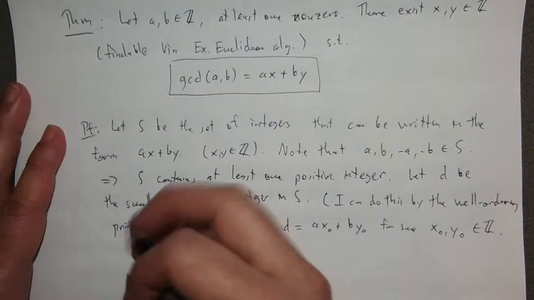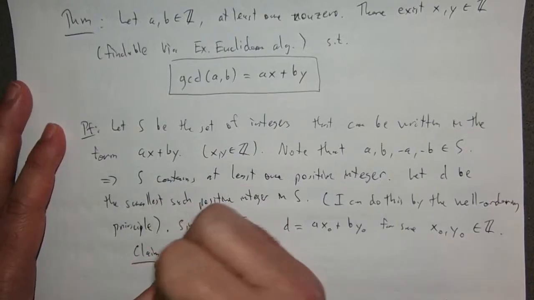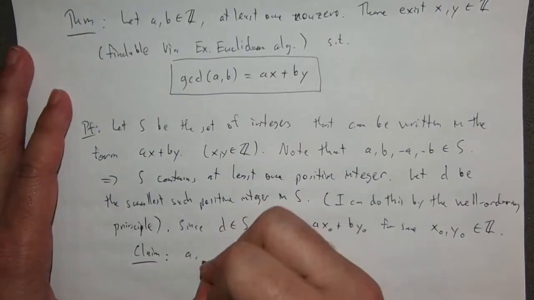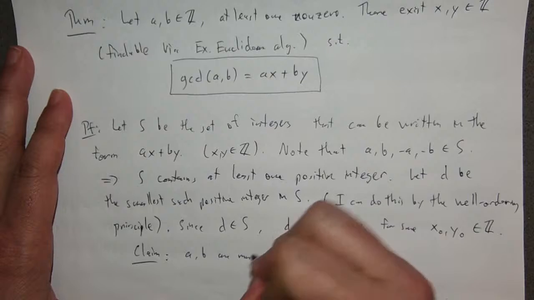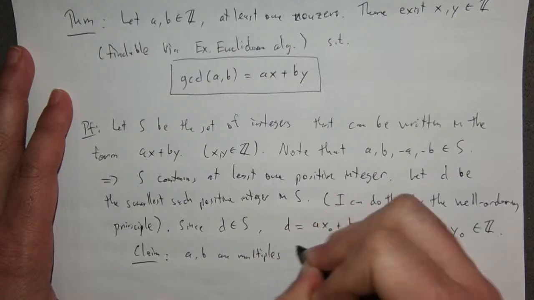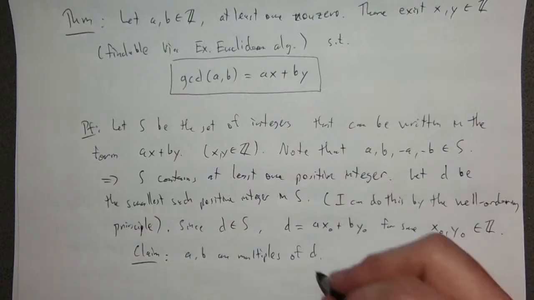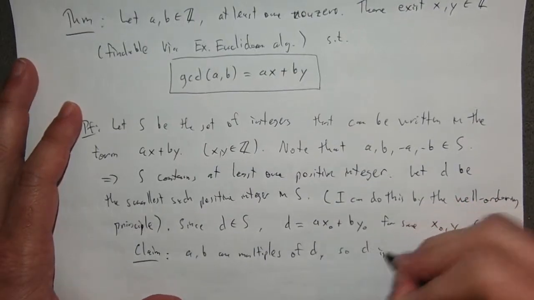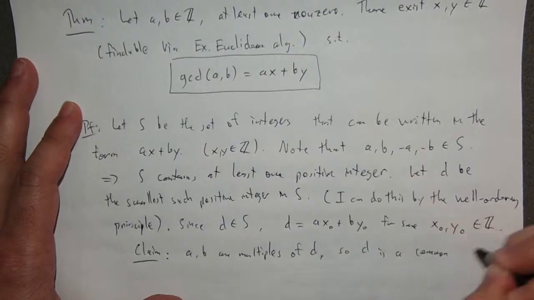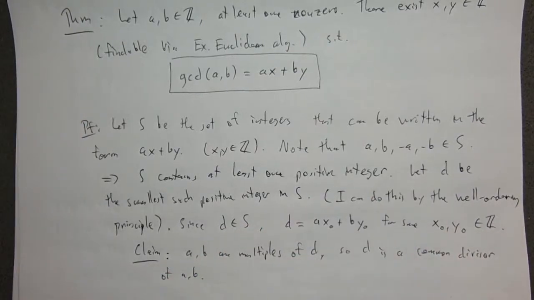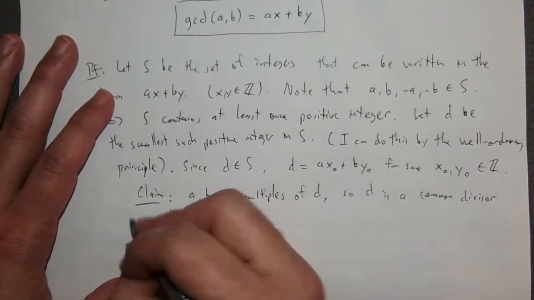So the claim that we have is that A and B are multiples of D. Both of them are multiples of D. So D is a common divisor of A and B. Well, how can I show that? So, proof of claim.